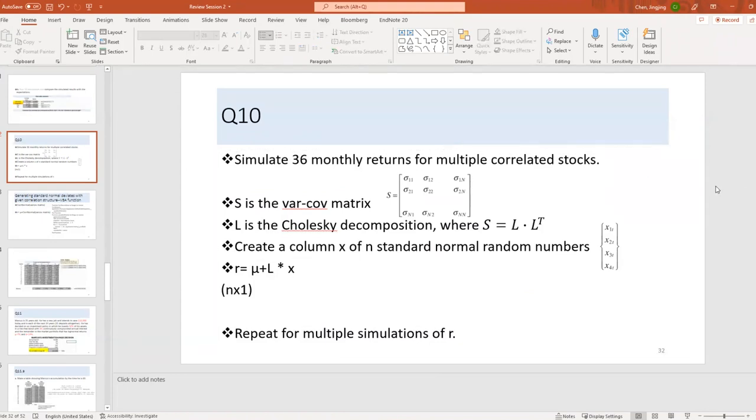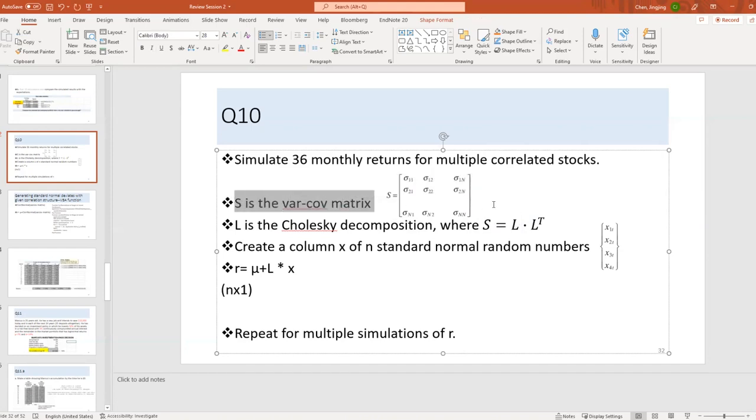Now let's look at how to do that. We're going to utilize a decomposition of the variance covariance matrix, called L. We first need to define S, the variance covariance matrix, with variances on the diagonal elements and covariances in all other elements.